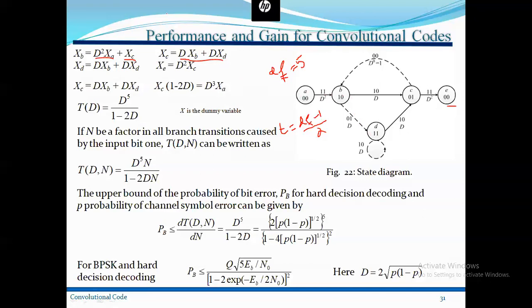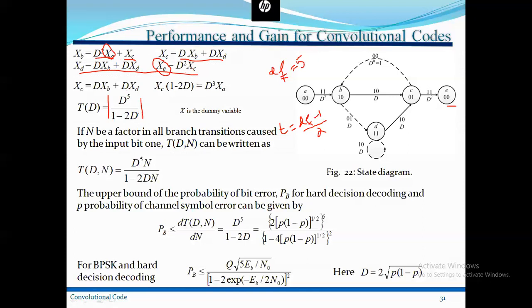So we write all the four equations, and from all these four equations, we calculate the value of xe over xa. Here we have xa, and here we have xe. So the transfer function is in fact d5 over 1 minus 2d.